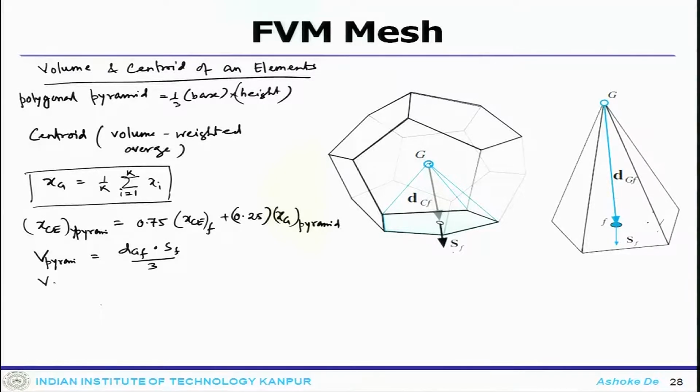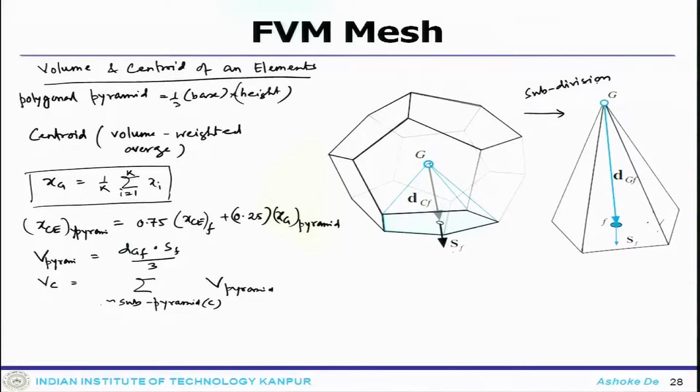So, Vc would be the summation of sub pyramids of C and V pyramid. That means this polyhedra is subdivided, so this is essentially the subdivision.